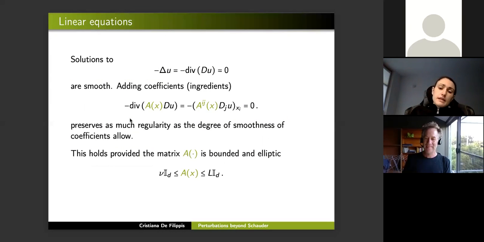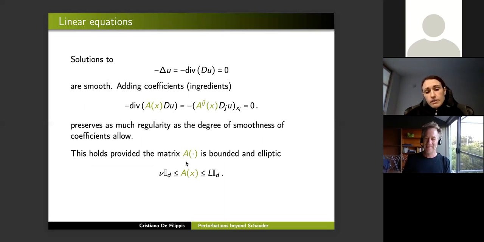Now, let me just review how to recover Schauder estimates in the linear case. Well, we first notice that the solutions of the Poisson equation are smooth. Therefore, if we add a coefficient, since the matrix coefficient and the gradient stick together, what I expect is that solutions to the non-autonomous equations preserve as much regularity as the degree of smoothness of the coefficients allows.